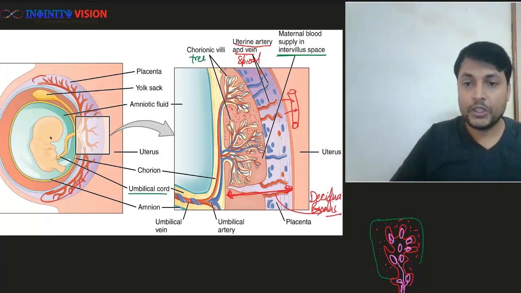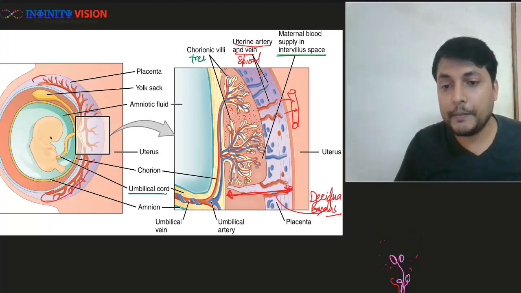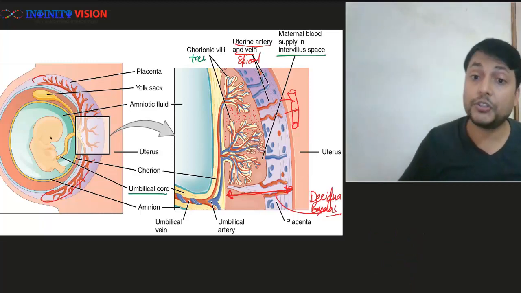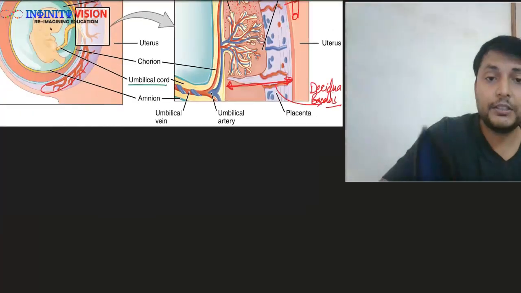ठीक है, ग्रेट. अब देखिए हम लोगों को एक जो सबसे इंपॉर्टेंट चीज ध्यान रखनी है, दैट इज द फंक्शन ऑफ प्लासेंटा. ओके, सो आई एम गोइंग टू राइट इट हियर.